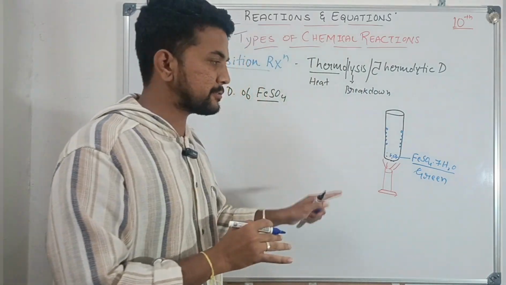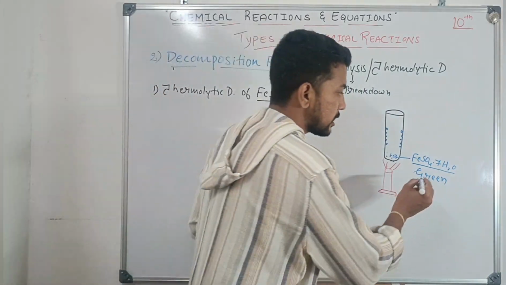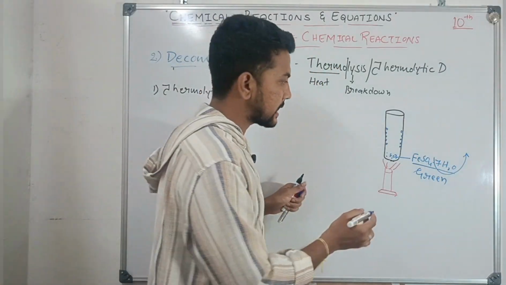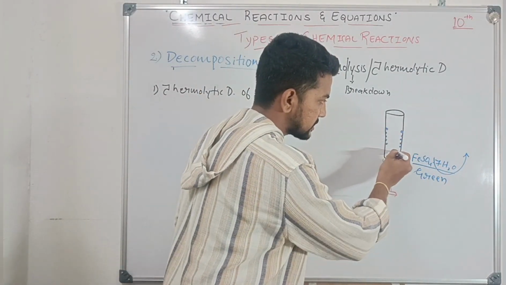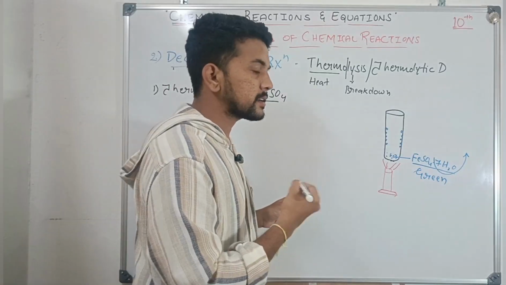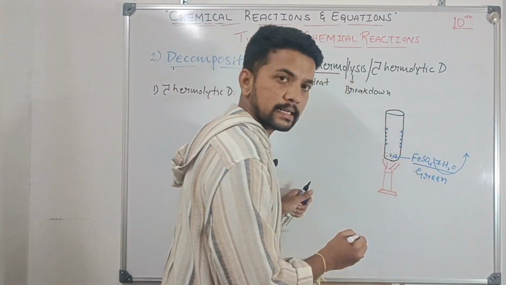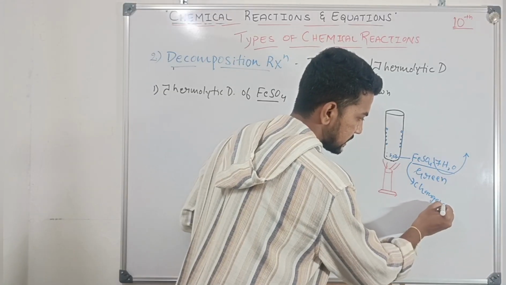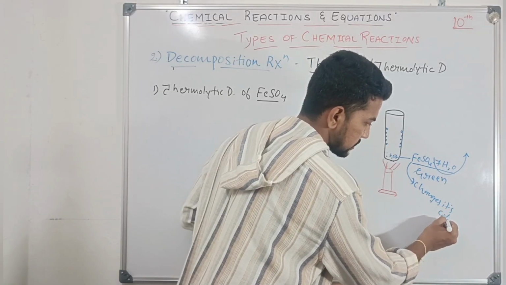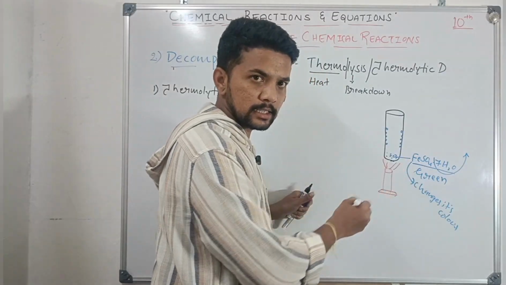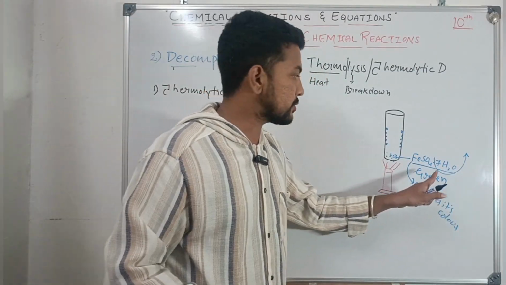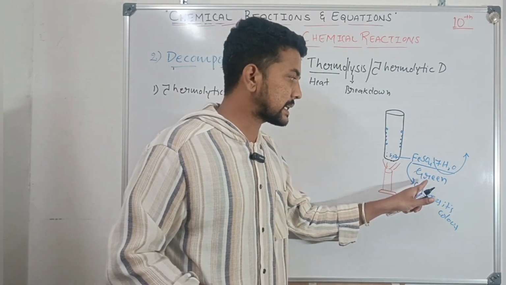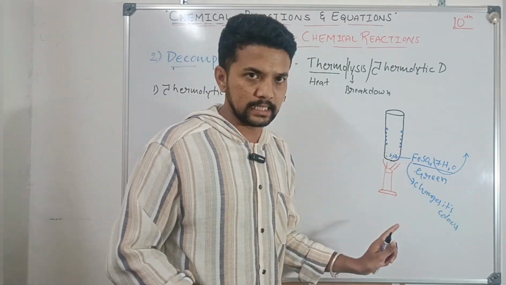When you heat them, there is a loss of water molecules, and because of that loss of water molecules, the green color of the ferrous sulfate changes.